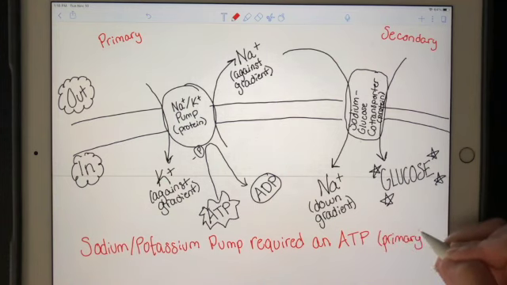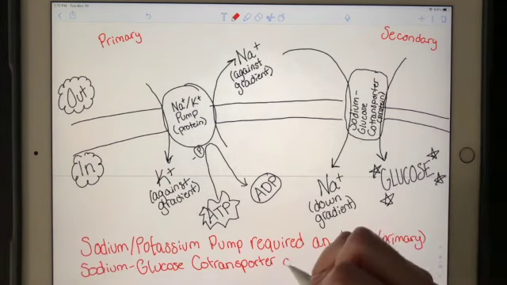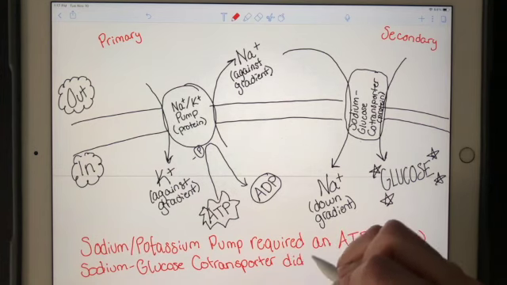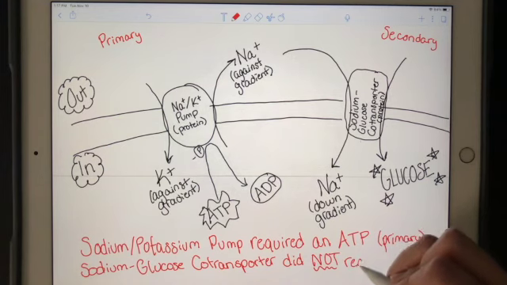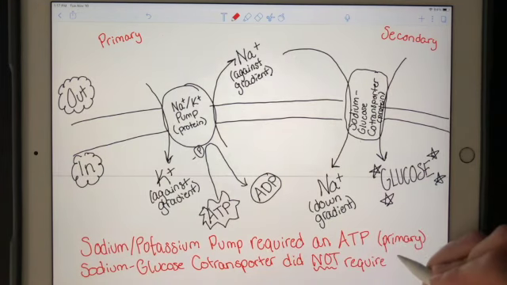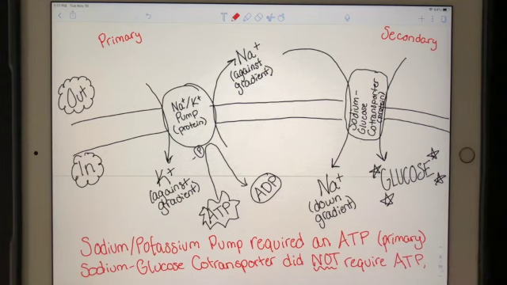The sodium glucose co-transporter did not require ATP. But the co-transporter did rely on the sodium gradient. Remember, sodium is that Na+, created by the sodium-potassium pump. And because of this reliance, we say that this is secondary active transport.